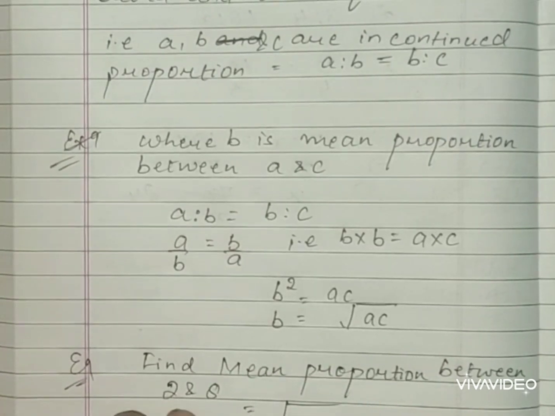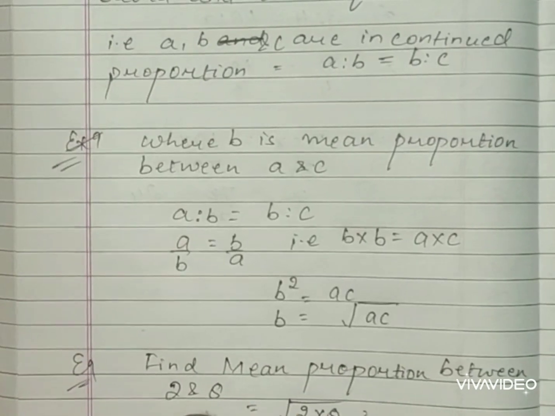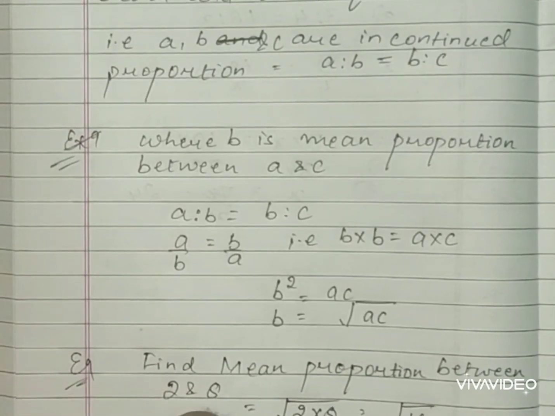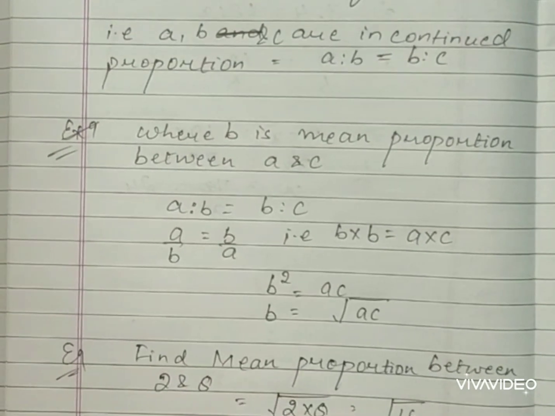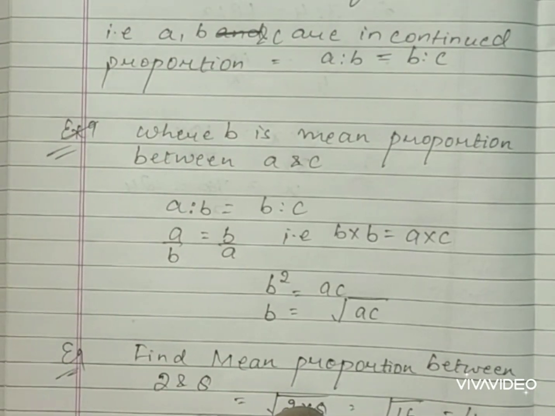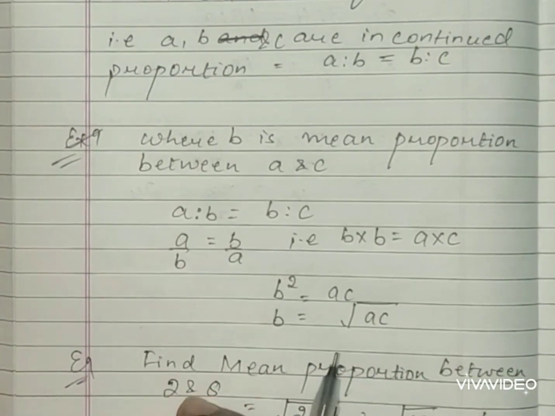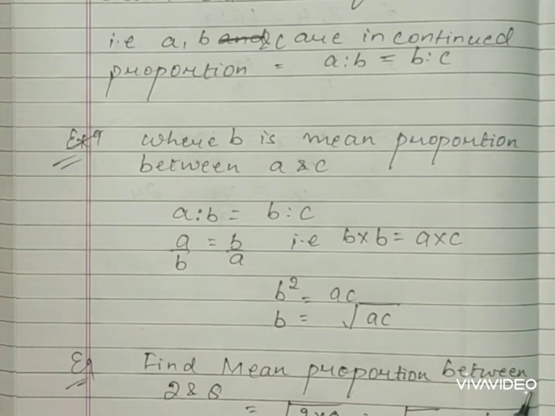So 2 is A and 8 is C. So 2 into 8, that is 16. And the square root of 16 is 4. So this is the mean proportion that is coming in between 2 and 8. I hope you are understanding it.